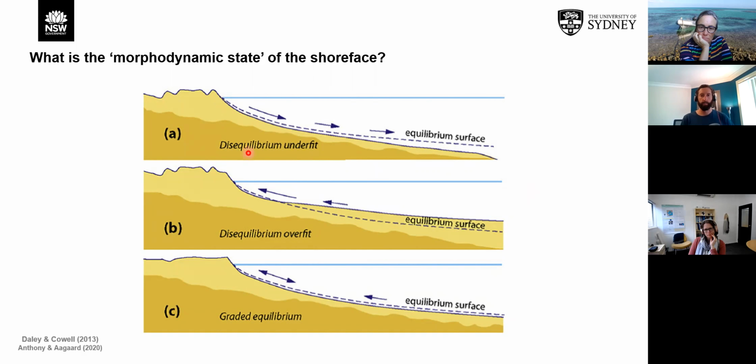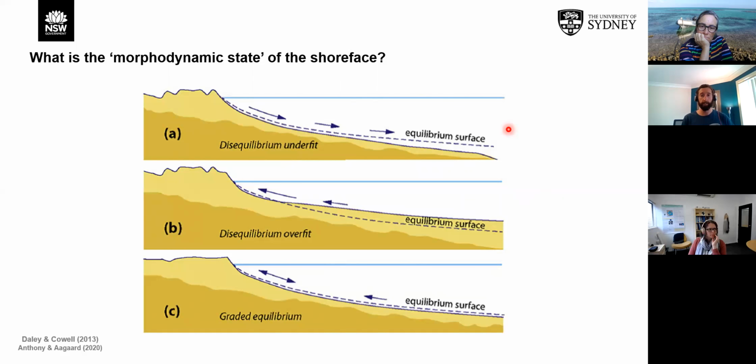The way to conceptualize that is to compare the surveyed or the known bathymetry of the profile with a theoretical equilibrium surface. So if things were in equilibrium, the waves would sort the sediment into a nice concave profile. If they're not, well, what does that mean? So they came up with three models.